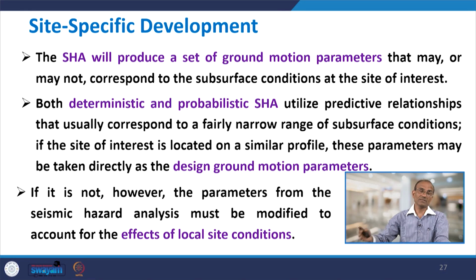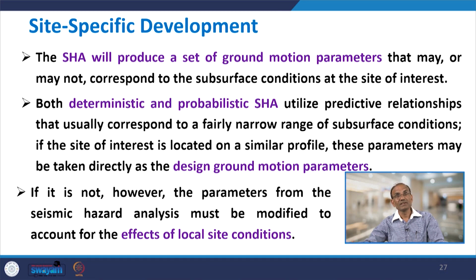So, on one side you have the site of interest, and on another side you have a record which has been recorded by the seismograph or accelerograph, maybe at a different site, not at the same site where your site of construction is.